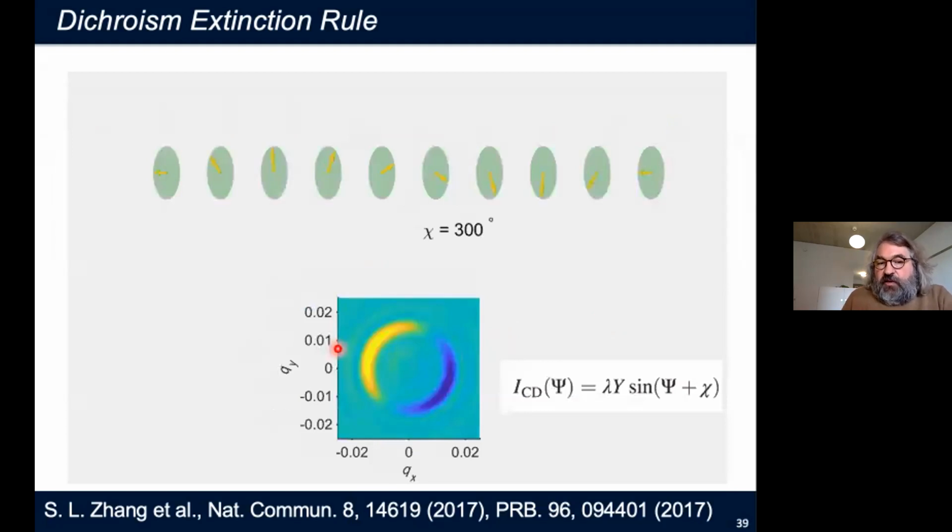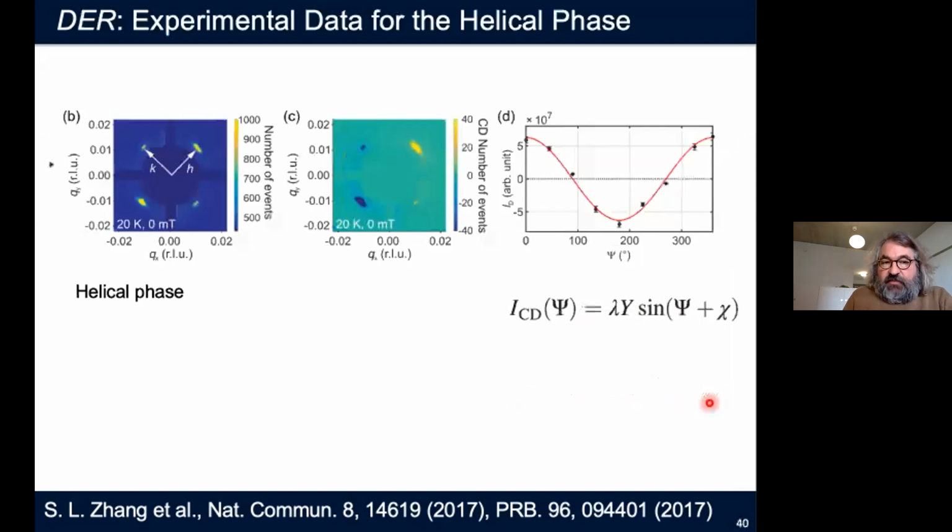Okay, and in order to describe this properly, we can write up the equation for the dichroic intensity as a function of the azimuthal angle psi. So as we go around this ring, the intensity is proportional, let's ignore these constants here for a while, to the sine of psi plus this offset angle, which is the helicity angle, this rotation of the common rotation plane in the helix.